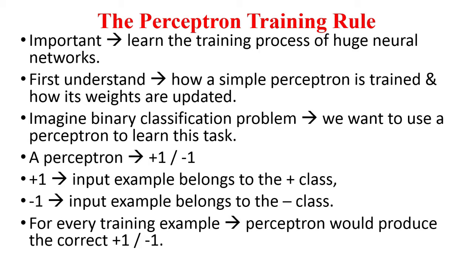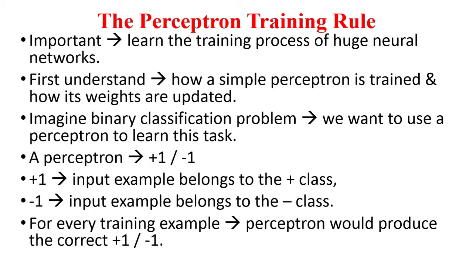Only then will we be able to understand the dynamics of complicated and monstrous neural networks such as convolutional neural networks, recurrent neural networks, or multilayer perceptrons, and so on.